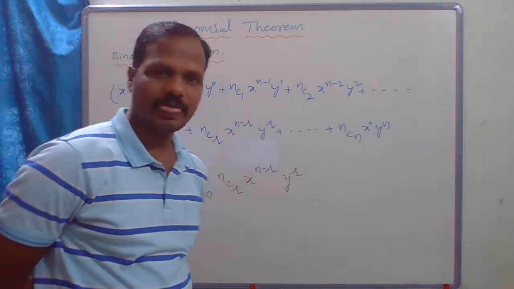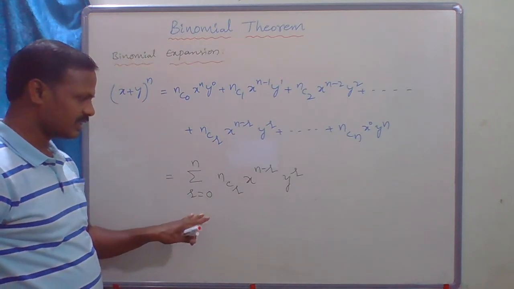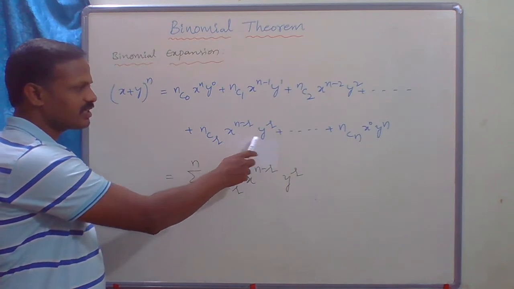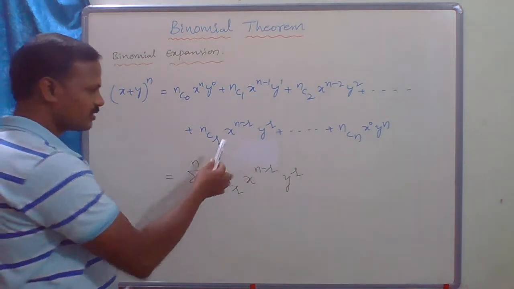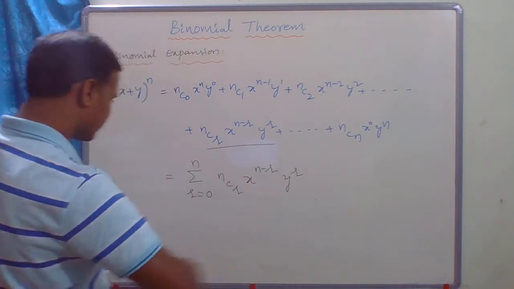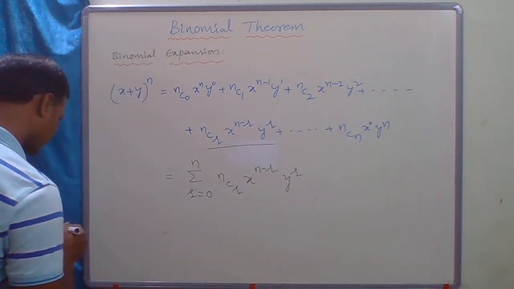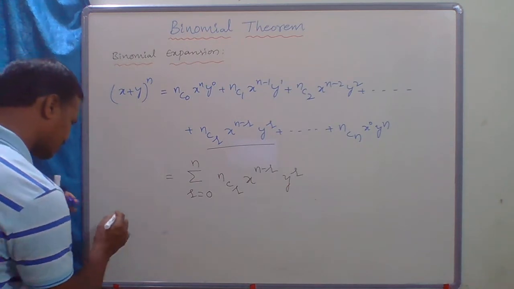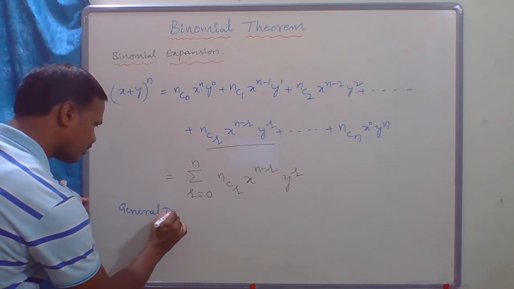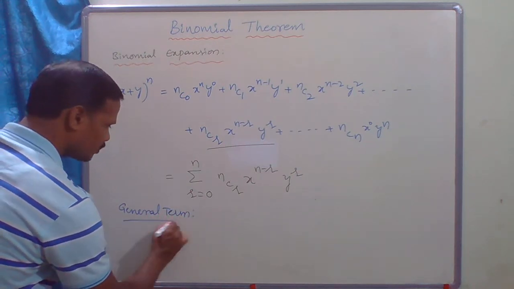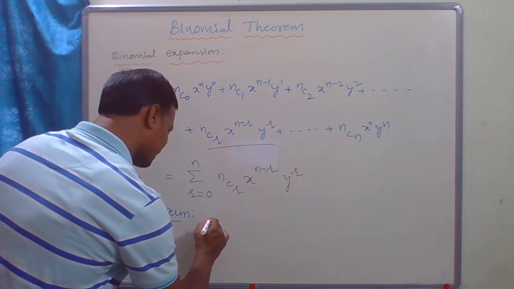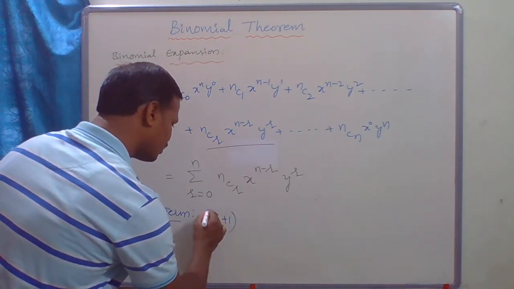Now see here, this nCr x^(n-r) y^r is called the general term. In the binomial expansion, what is the general term? This term is the (r+1)th term.